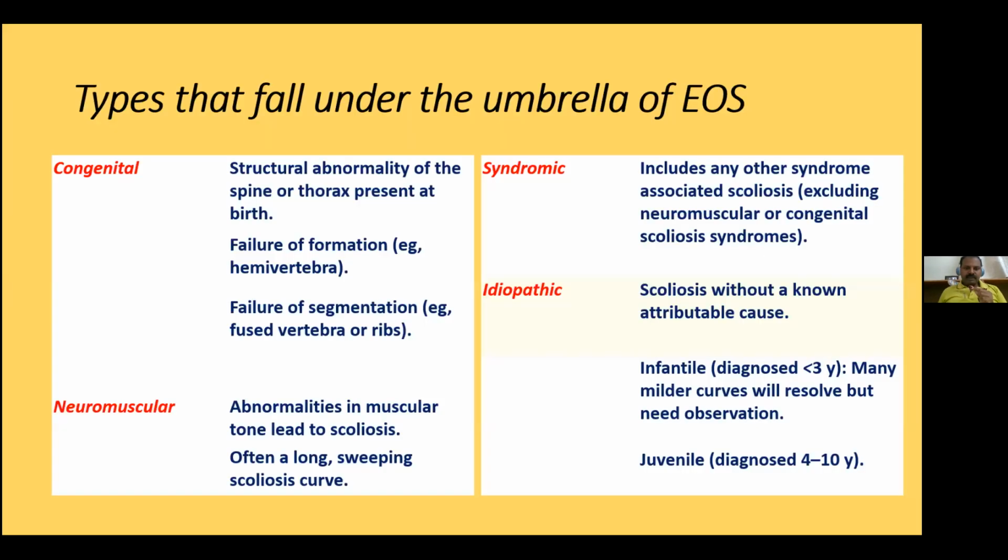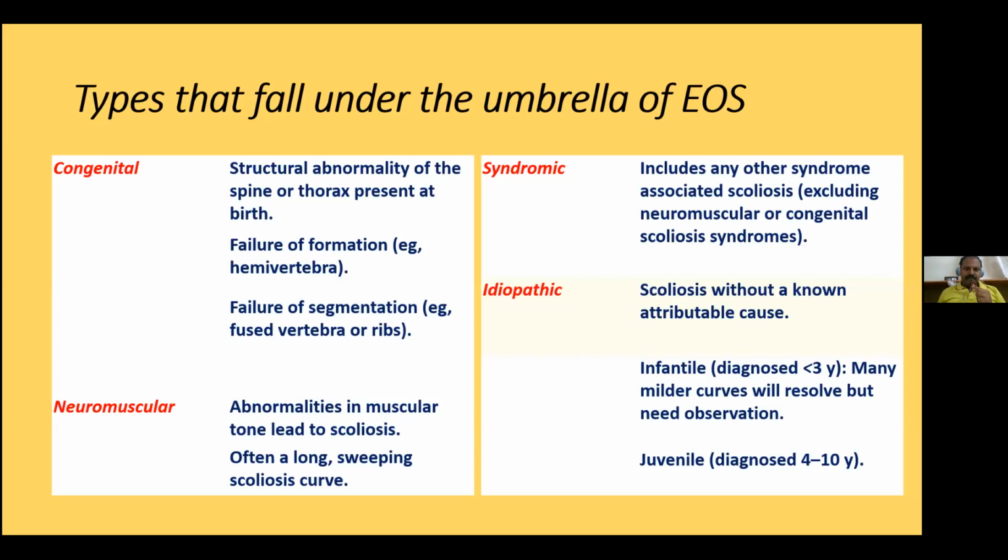In neuromuscular, as the name suggests, neuro and muscular, you have, starting from the upper motor neuron, that is cerebral palsy, to brainstem injuries causing scoliosis, to poliomyelitis, muscular dystrophies, spinal muscular atrophy, all that will come in the neuromuscular type.